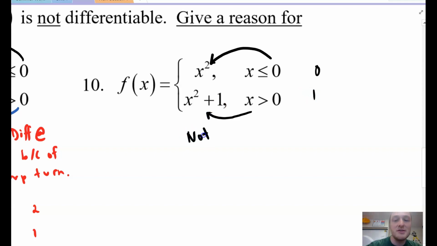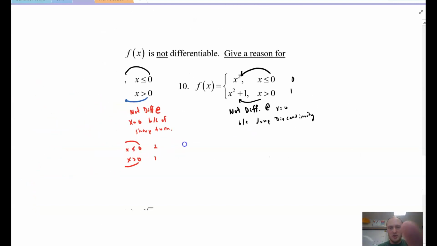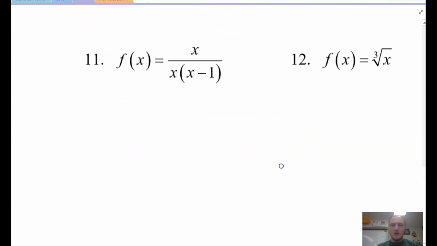So this is not differentiable at x equals 0 because of the jump discontinuity. This is not continuous.